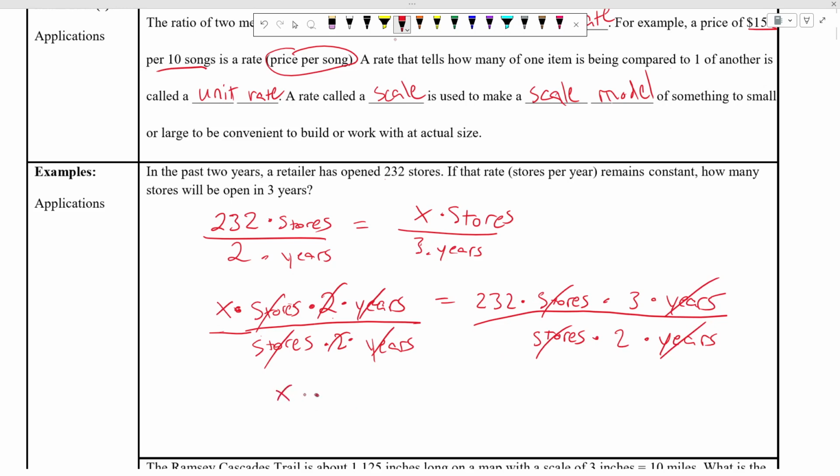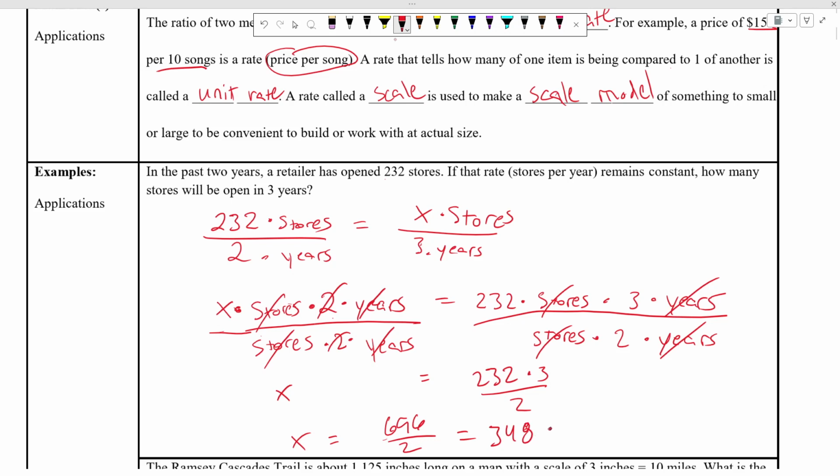So let's clean things up a little bit here. I got x equals 232 times 3 over 2, which then further becomes x equals 696 divided by 2, which further, when you do that division, becomes 348.